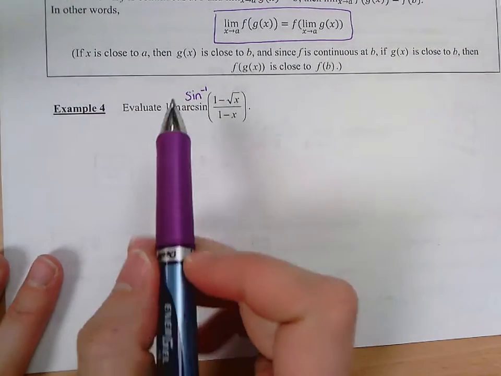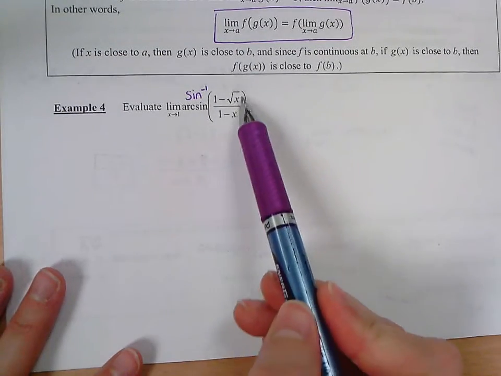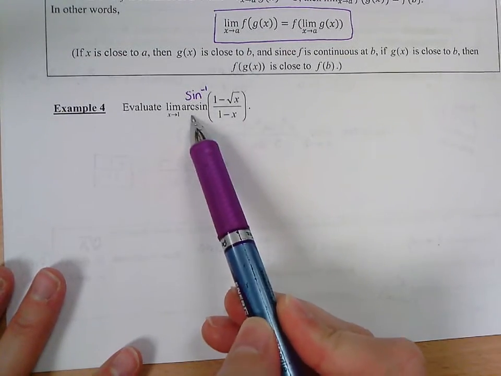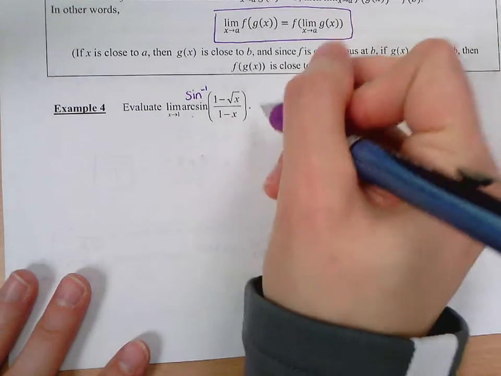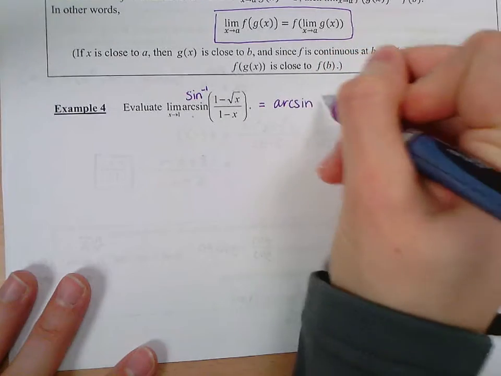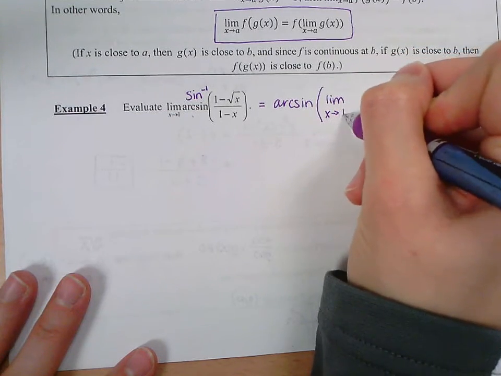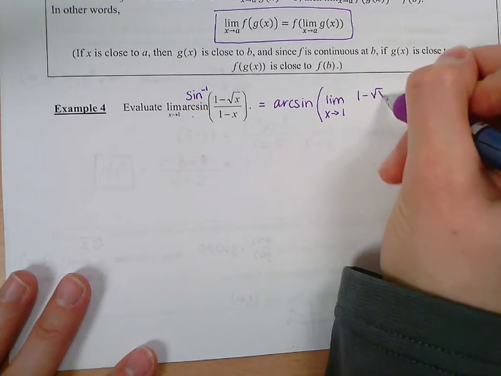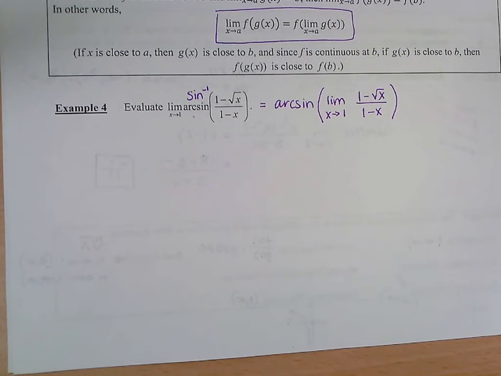As we're working through this, I noticed that I have a composite function, a function substituted into the inverse sine or arcsine function. So I could rewrite this as arcsine of the limit as x approaches 1 of 1 minus square root x over 1 minus x. I'm taking the limit of the inside, and then whatever I get, I'll evaluate arcsine of that.